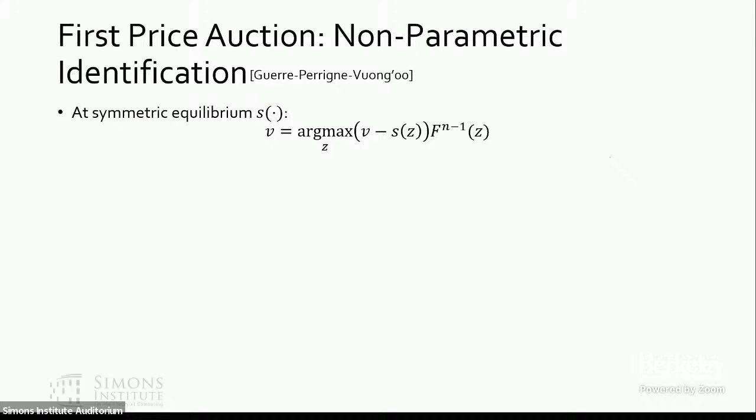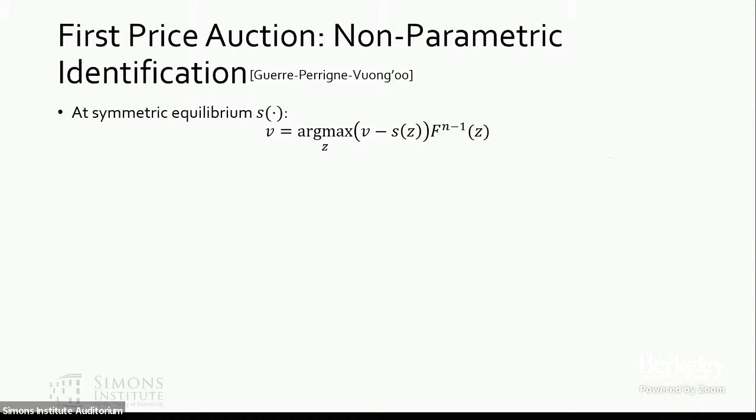So at the symmetric equilibrium, we can write the following equation. If a player imagines that he is some other value, Z, and submits based on the equilibrium strategy of that other value, Z, so submits a bid of S of Z, then whenever they win, they're going to pay S of Z. Their value is V, so this is their utility whenever they win.